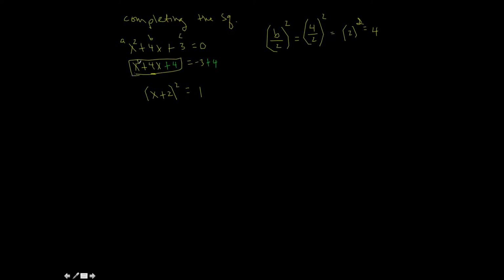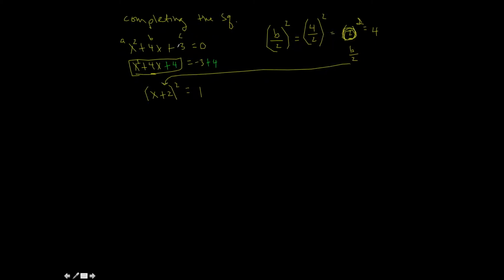So if you have trouble factoring this, let's say it's a fraction or something, it's always going to be, no matter what the variable is, x or y, whatever, x, and then you get your number from here. Whatever b divided by 2 is, that will be this value here. If it's a negative 2, that would have been a minus 2. But this particular b divided by 2 was positive 2, so we have a plus 2.